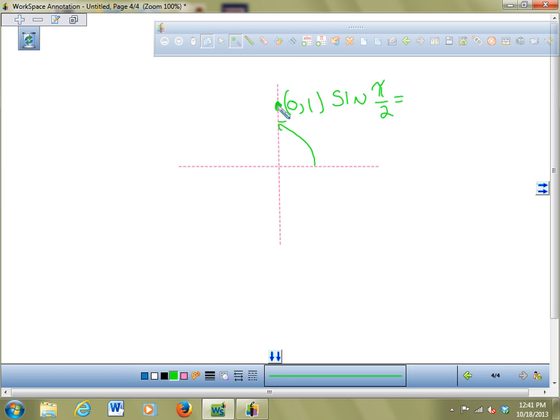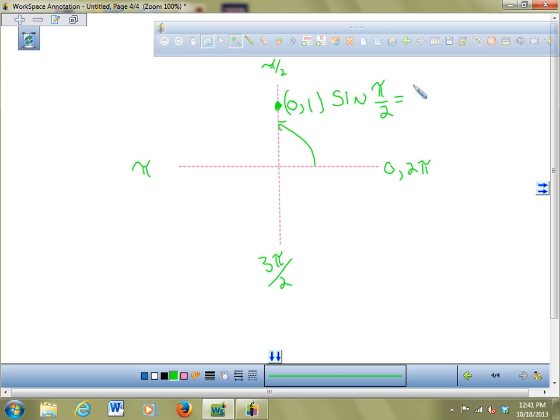Okay, say you want to know, because this is pi over 2 radians, right? And this is pi radians. And this is 3 pi over 2 radians. And this is 0, but it's also the same as 2 pi radians, right? So sine of pi over 2 is 1 over 0, which is what?